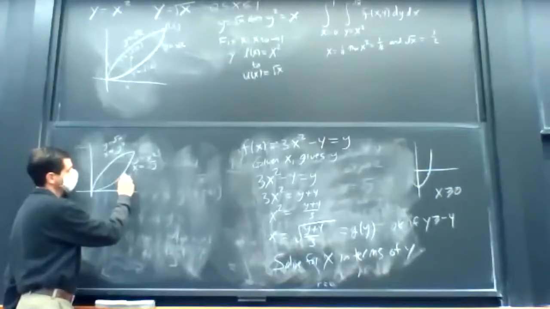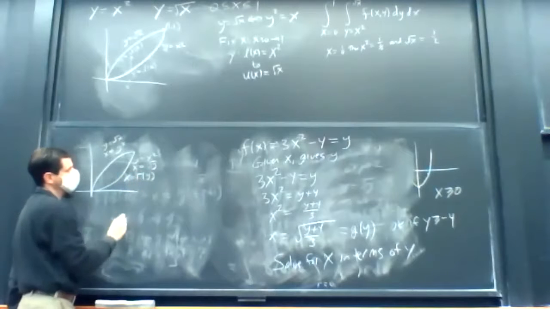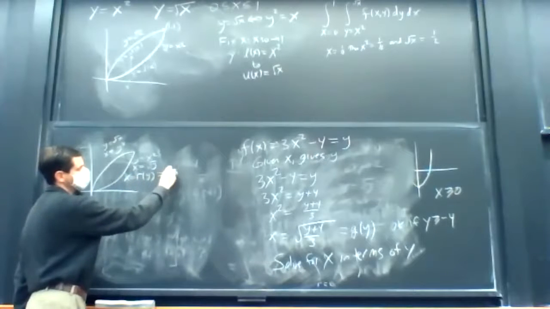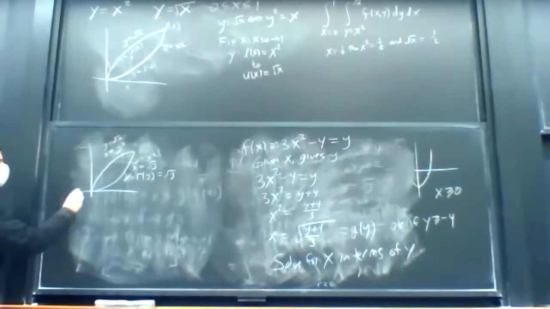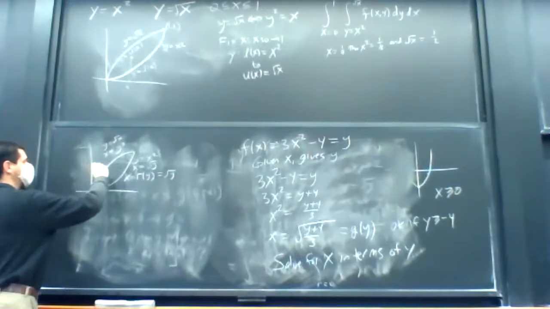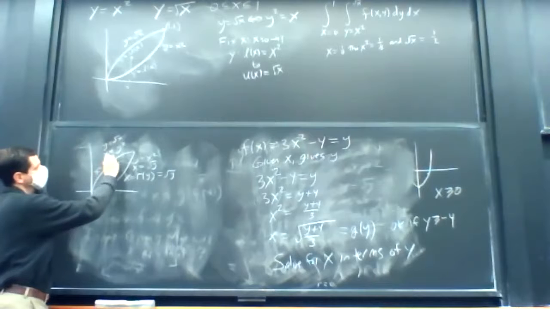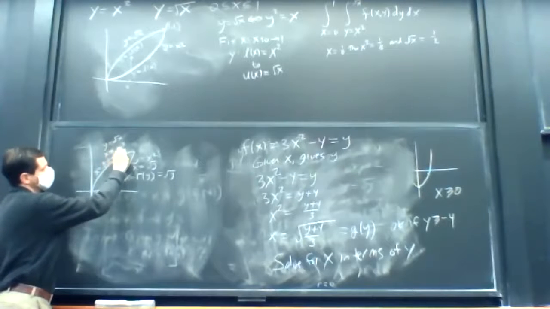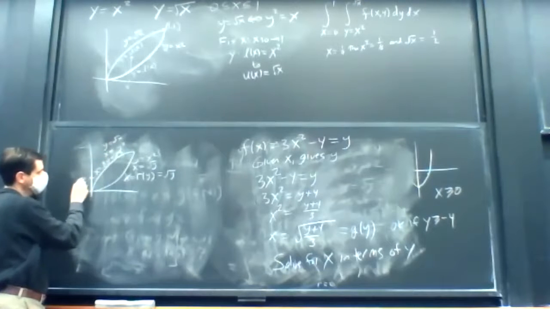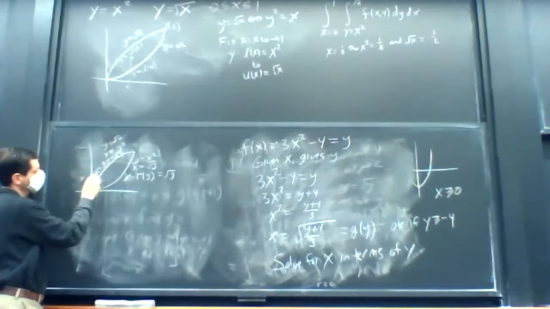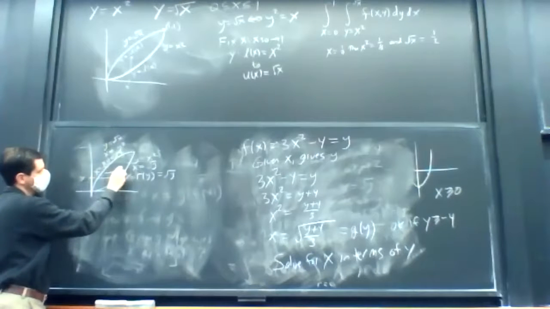So I would have x equals R of y, which would be the square root of y. And over here, I would have x equals L of y, which would be y squared. And now I fix the value of y, and my x goes like this.